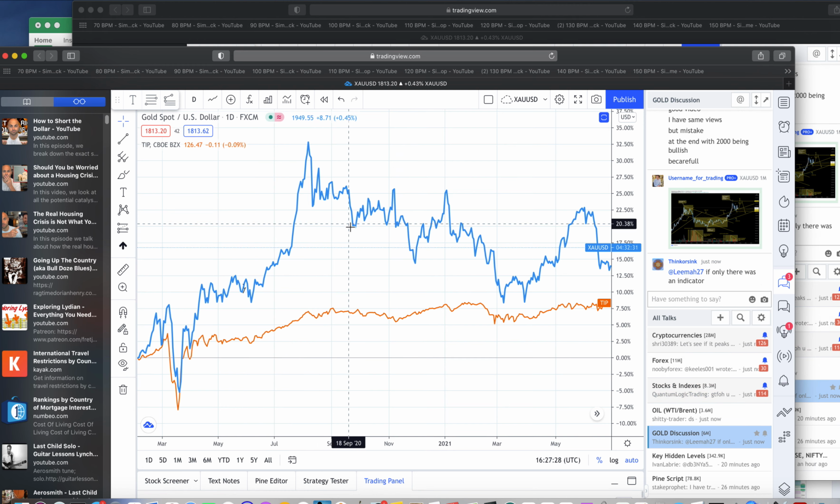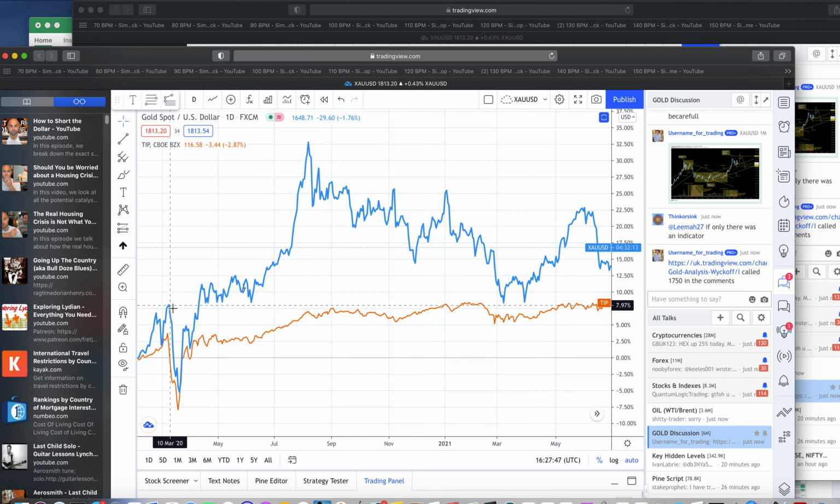up relative to the other one. And if you look at this, this TIP does seem to, coincidentally, I just grabbed it, it does seem to correlate well during the crisis. I think this must be the crisis.